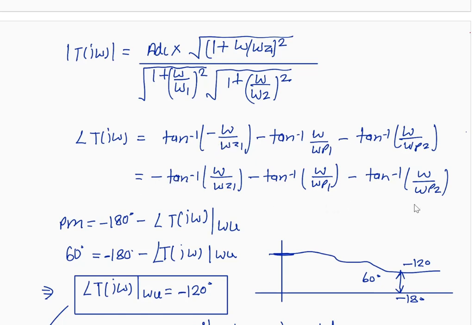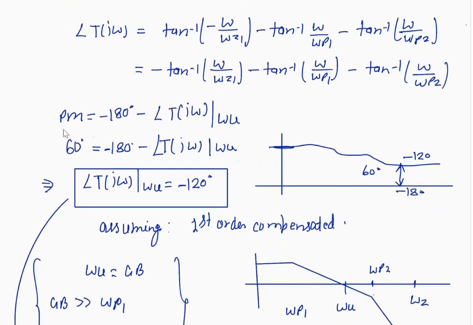Now they have given that the phase margin is 60 degrees. Phase margin is plus or minus 180 degrees minus the angle contributed by this function at omega u, the unity gain frequency. Depending upon your reference, it may be plus or minus 180 degrees. I am going from 0 to minus 180 degrees, so my reference is minus 180 degrees.